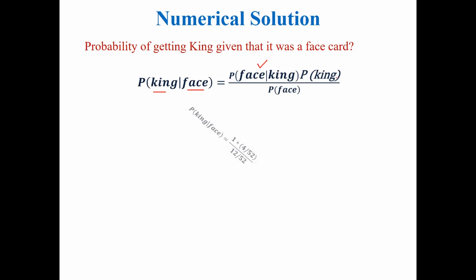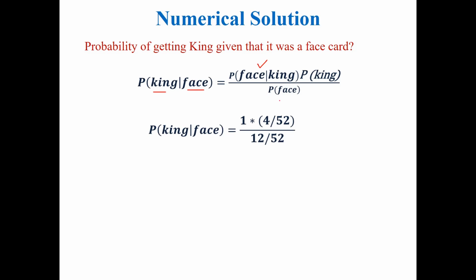So we will put these values. The probability of getting the face card given that it is a king is 1, that is 100% probability. The probability of getting a king out of 52 cards is 4 by 52, because there are 4 king cards out of a total of 52.